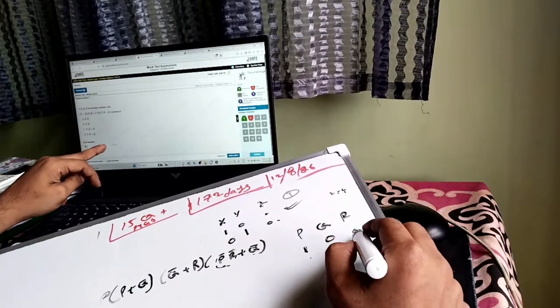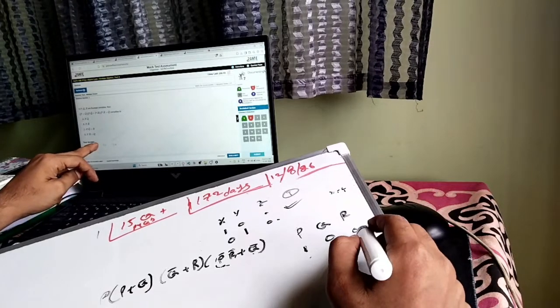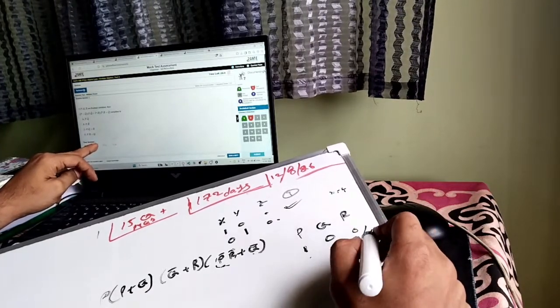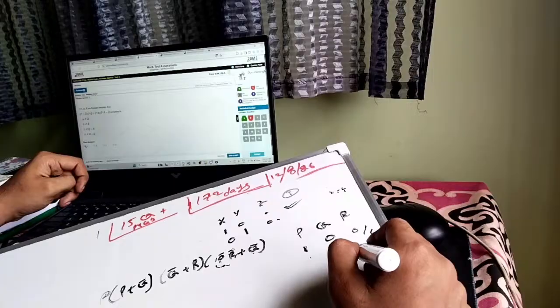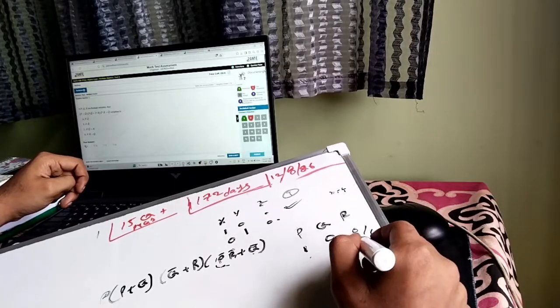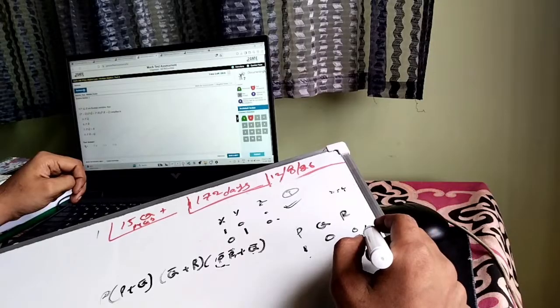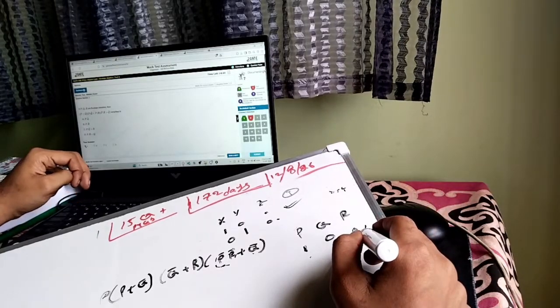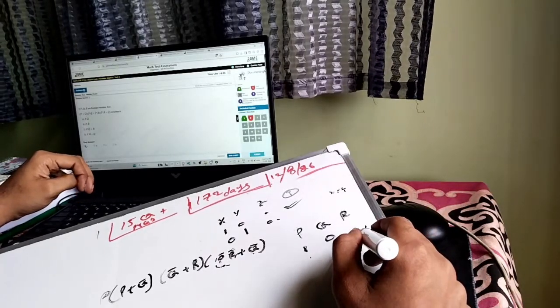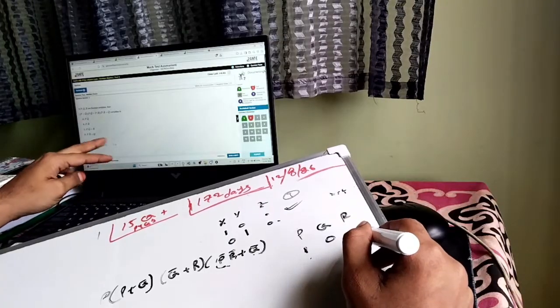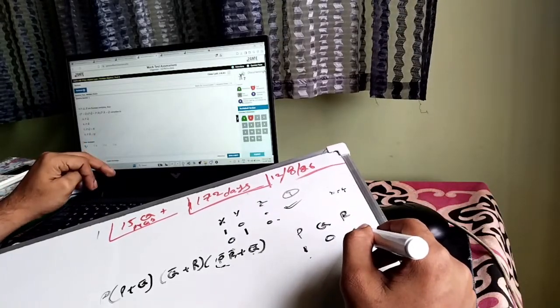R. Okay, that's all. R means it is 0 or 1. Consider R as 0, then consider R as 1. Okay, there are two cases.